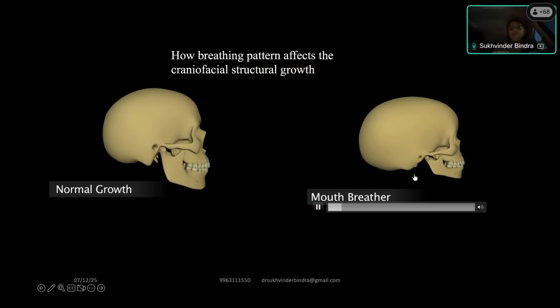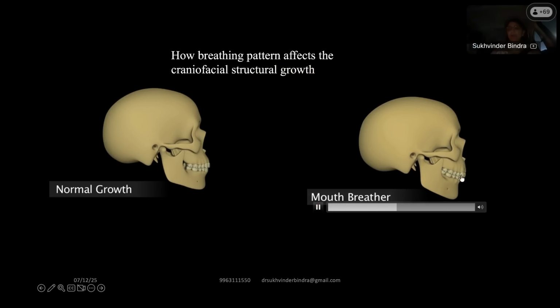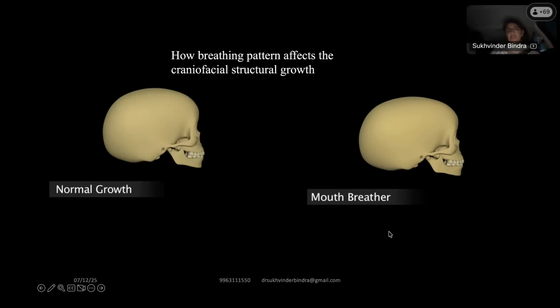So if you see this patient, with mouth breathing, the jaw starts growing downward and backward. And this is the result.